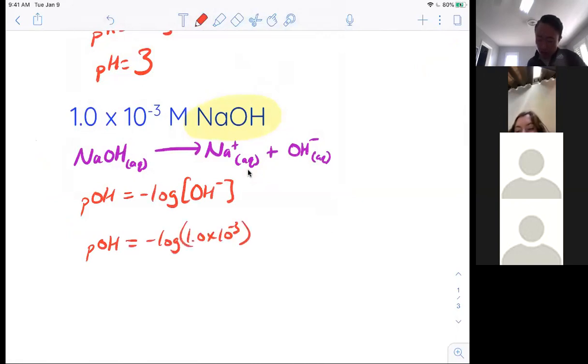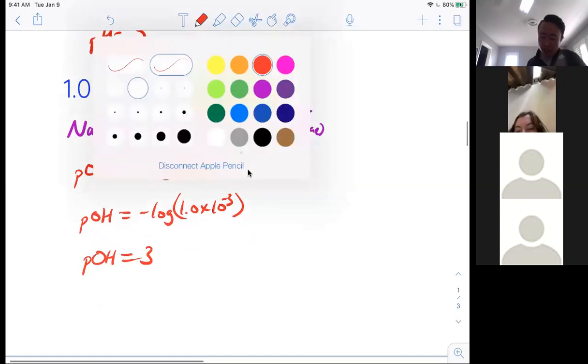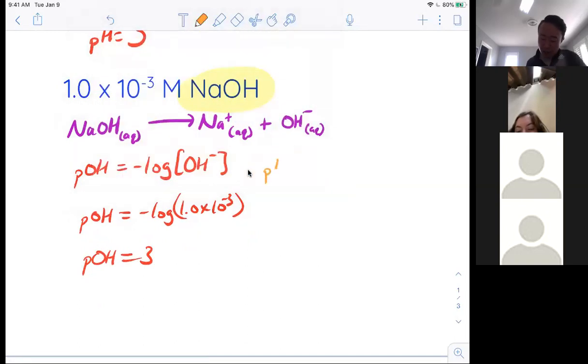This one comes out with a pOH of just 3. And lastly, to solve for the pH, that's just 14 minus 3, because again, pH and pOH add together to equal 14. So pH is 11. I should say it's 11.00 for sig figs.